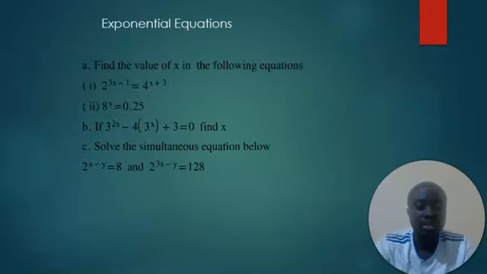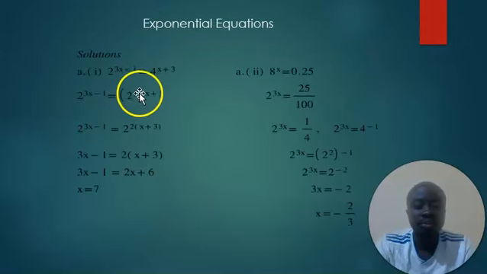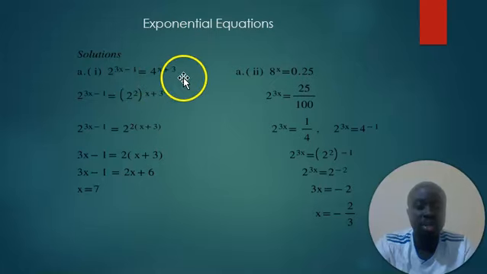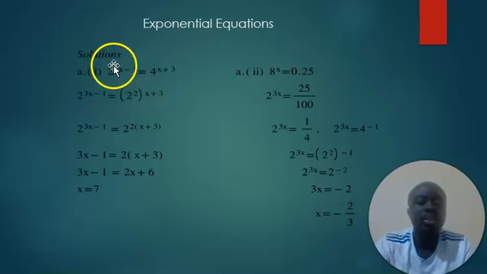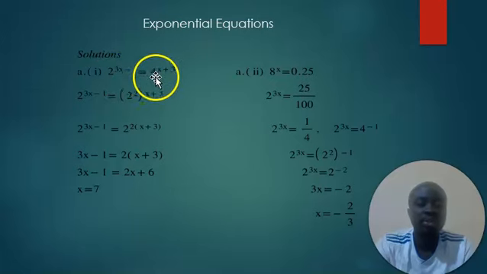So this time around, we can only equate this to that when the base of this is the same as this one. Here is 2, here is 4, so we can't equate them. We must make sure that the base of this one is the same as this. So you have to change this 4 to 2 raised to the power something. But you know that 4 is the same as 2 raised to the power 2.